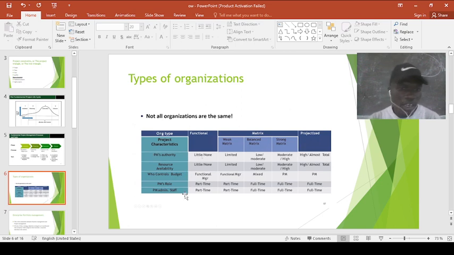Then these are the characteristics of a project: the project manager's authority, resource availability, who controls the budget, the project manager's role, and project management admin staff. And these are the different ways in which these characteristics affect a given organization, either functional, matrix, or projectized.